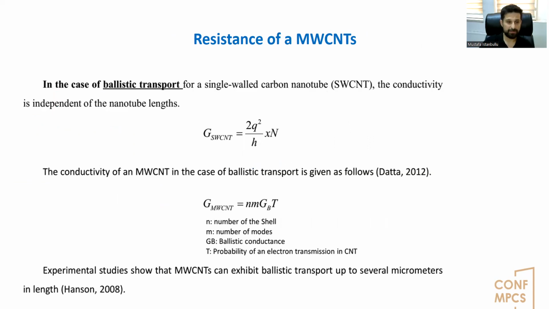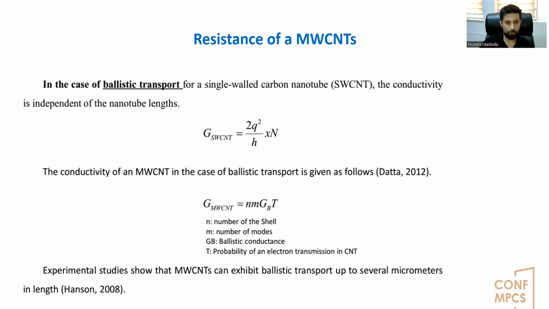In the case of ballistic transport for a single wall carbon nanotube, the conductance is independent of the carbon nanotube length, and it is determined by 2q²/h times N, where q is the electron charge, h is Planck's constant, and N is the number of conducting channels in a nanotube.